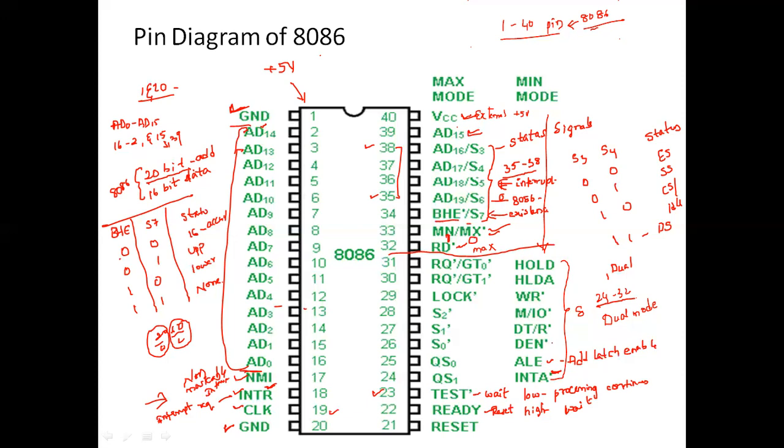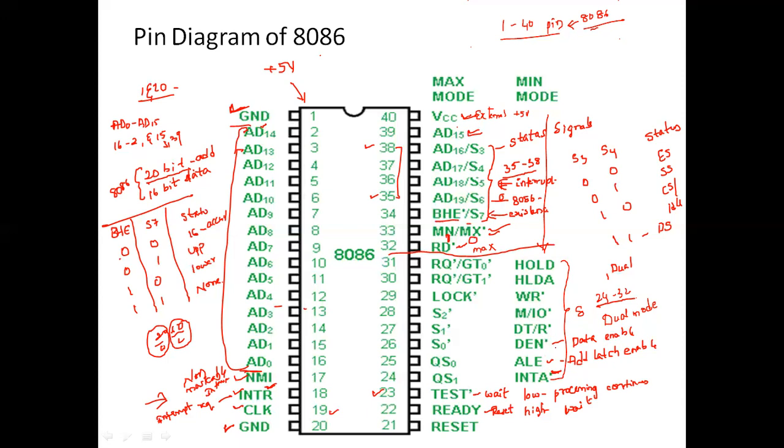And the next one is DEN. DEN stands for data enable. This is an active low pin, because the complement is there.